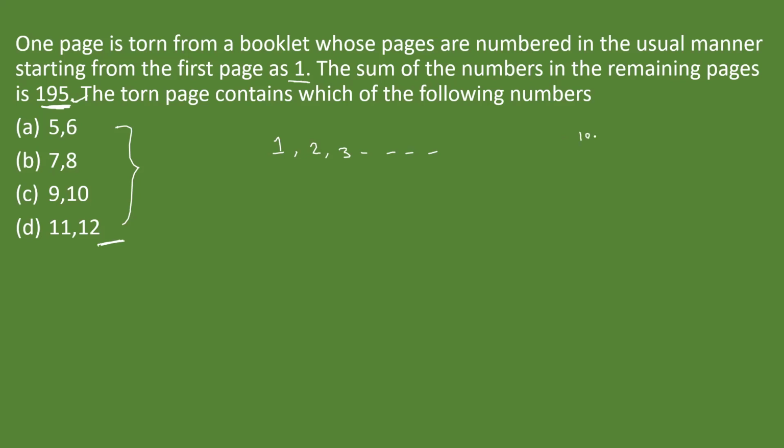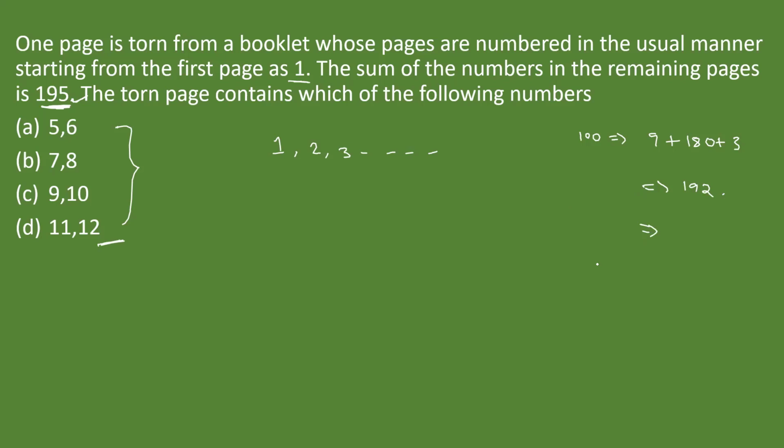If the book contains some 100 pages, how many digits will we use in general? 9 one-digit numbers plus 180 plus 3, generally. What is the total we will get? 192. But 195 is in excess for us, so we will not consider that as our number.